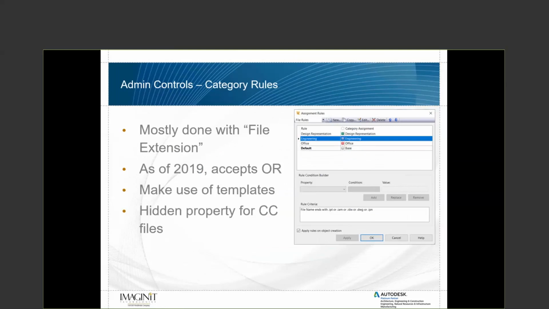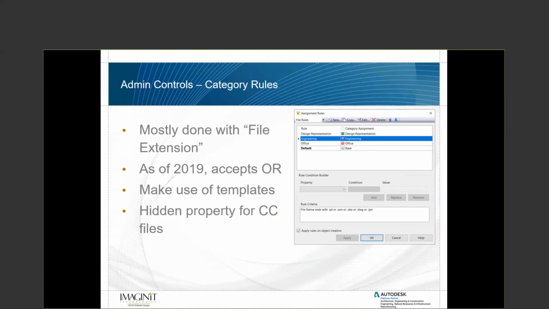An assignment rule is basically when we check a file in, Vault looks at all of its rules and tests the property values inside of the file to see if it meets any of the criteria to automatically assign it to a category. The example here is engineering. If a file gets checked in and the file name ends with IPT, IAM, and so on, it gets automatically assigned to the engineering category.